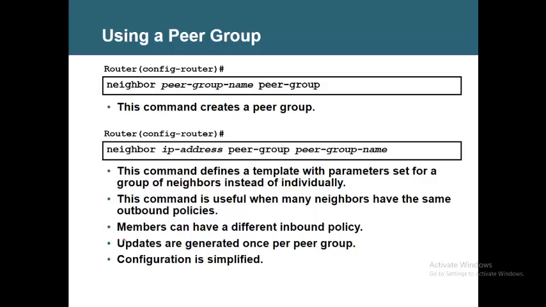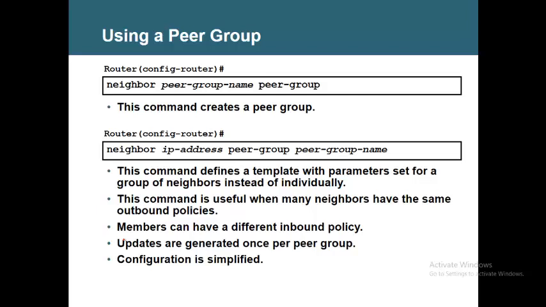Basically, the command is different, but the concept is the same. So whatever the command may be, if you just pronounce the words peer template, you will understand it. They are talking about peer group. So don't get confused. Both are the same.